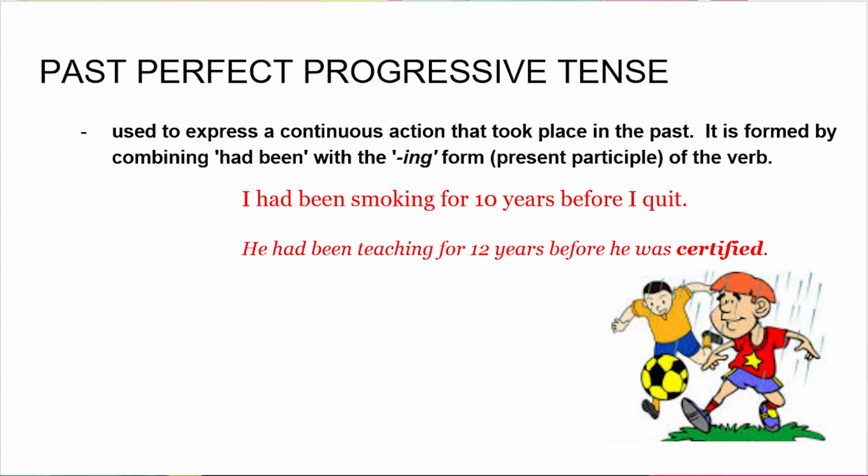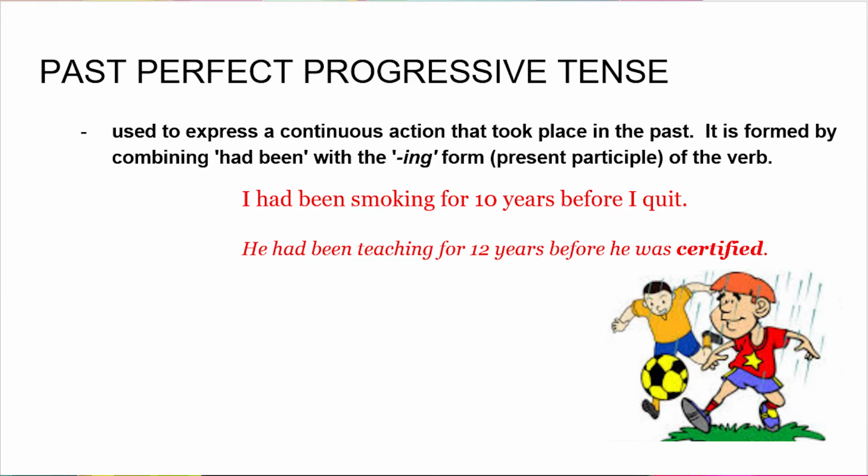Therefore, it is used to express a continuous action that took place in the past. And your formula for that is combining the word had been from the perfect. Remember, the formula for perfect is had. So now, it's had been from your perfect and your progressive with the verb ing present participle.